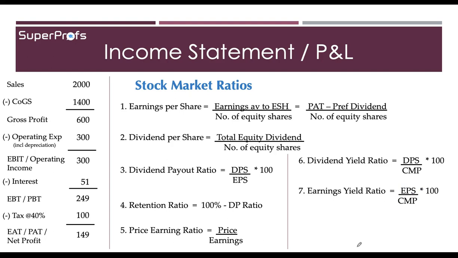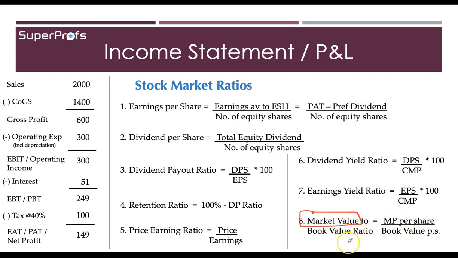which brings us to the very last stock market ratio, which is market value to book value ratio. The name itself suggests you divide the market value, which is the market price per share, by the book value. So let's say that in this example the book value stood at 50 rupees.